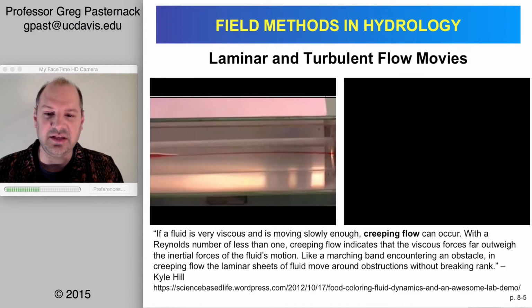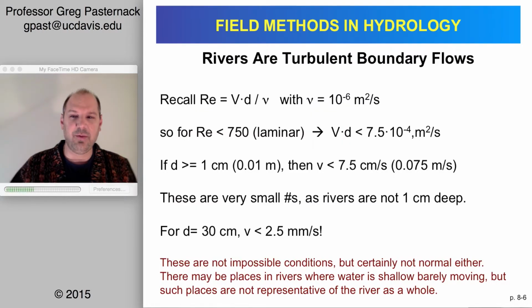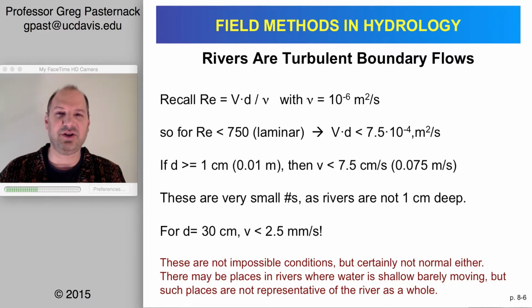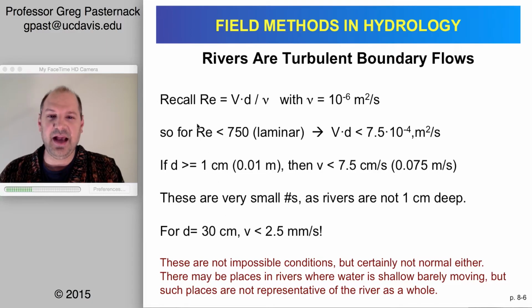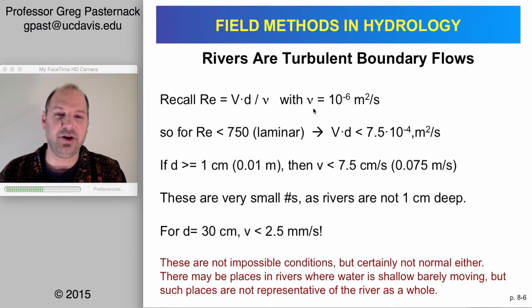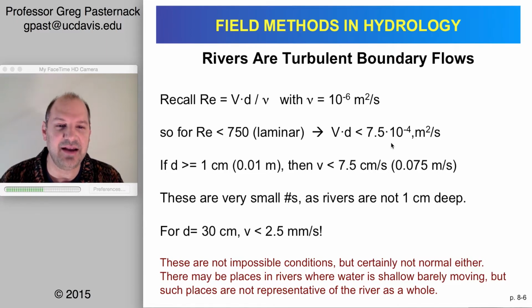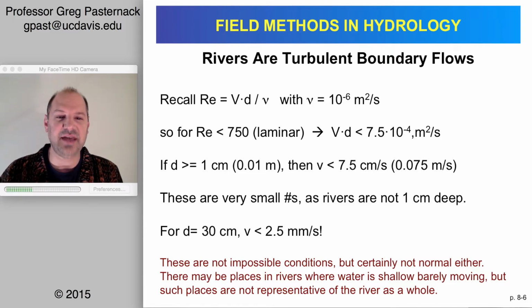Now let's take a look at some calculations here that will help convince you that rivers are essentially almost always turbulent. Because the kinematic viscosity of water at a typical temperature is 10 to the negative 6, if you want to end up with a number less than 750, then that means that the velocity times the depth is going to have to be less than 7.5 times 10 to the minus 4 meters squared per second.